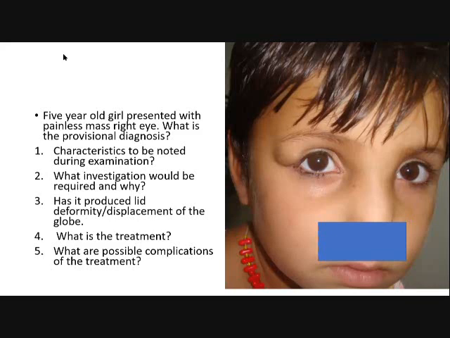You will always see its consistency, transillumination, whether it is tender or not. And the third thing is, not in children, but in adults and old age people, one more thing in the presence of any swelling, just like this one: lymph nodes.